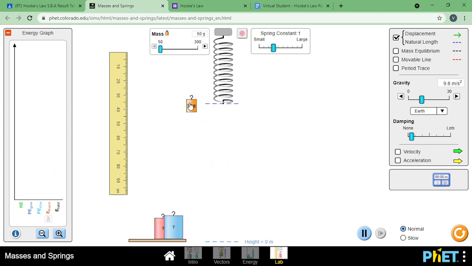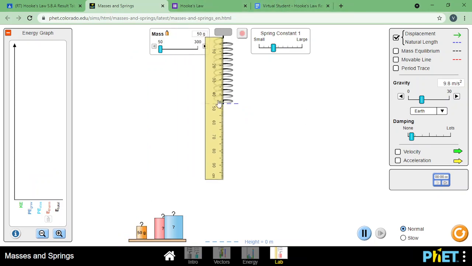And from the write-up in our experiment, we know that from here, the first coil, to here, all right, so we're looking at approximately 45, 47.